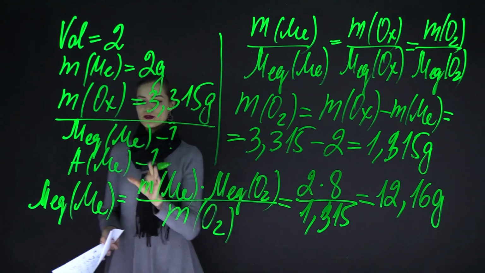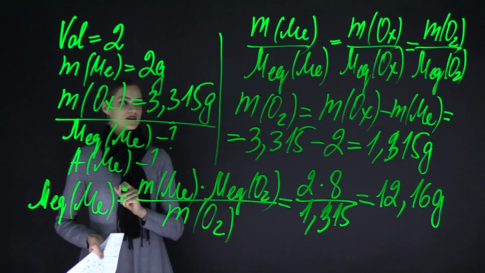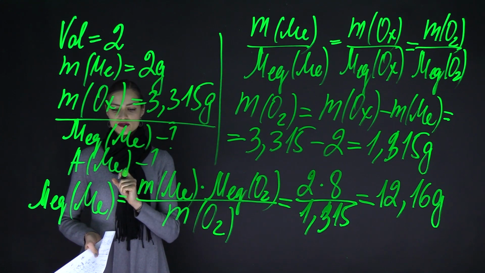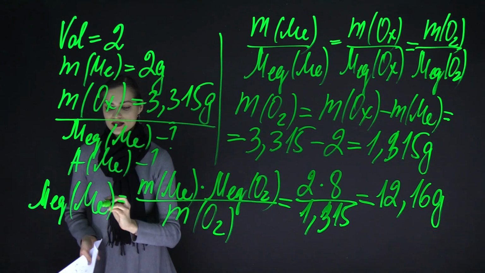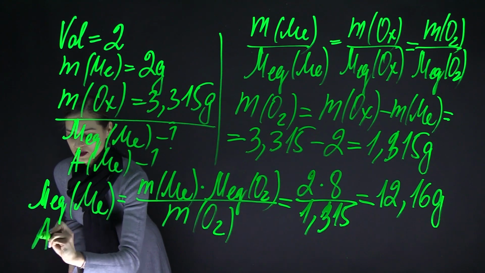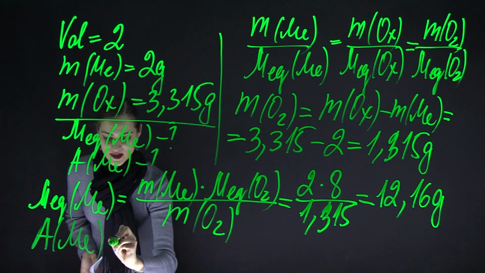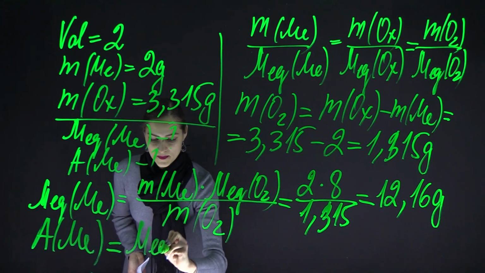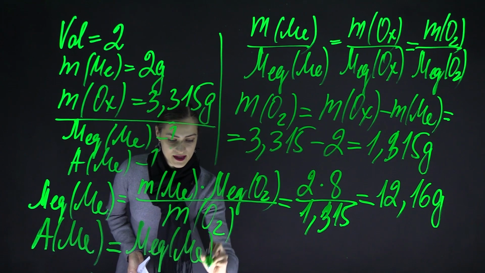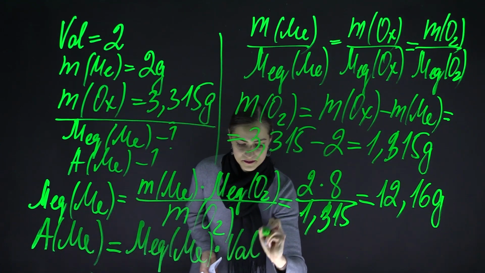We can do it through atomic mass. You remember that for a pure element, or a simple substance, the equivalent mass is the ratio between atomic mass and valency. So in this situation, the atomic mass of the metal is the product of the equivalent mass of the metal and its valency.